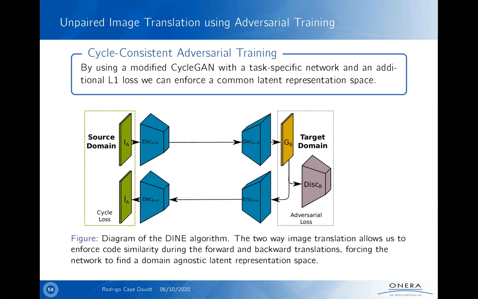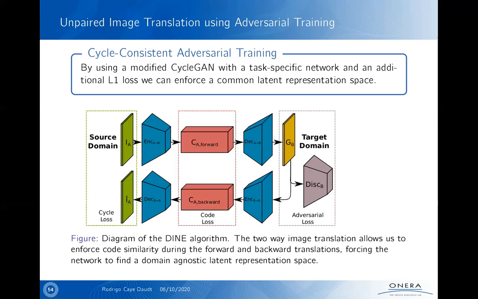But the key idea for my contribution, first of all, is to look at the code that is produced in the center. This is going to be our latent representation space, the encoded version of the image. And we don't need to learn any extra parameters here. We can use an L1 loss that enforces that the code going forward and going backward are the same.